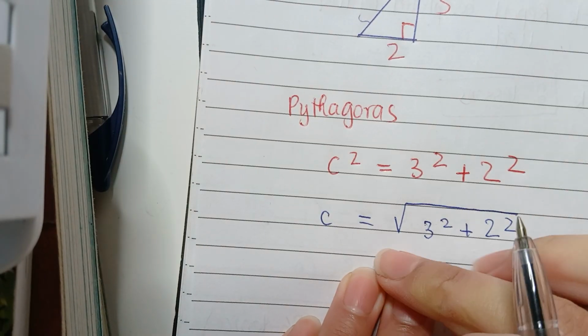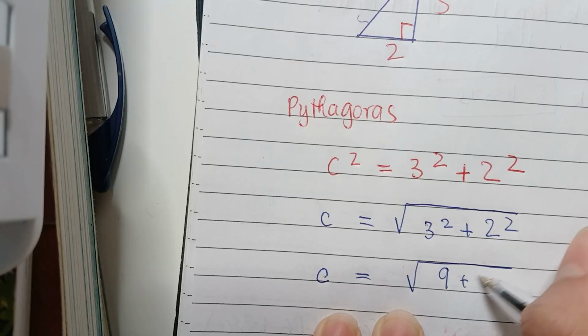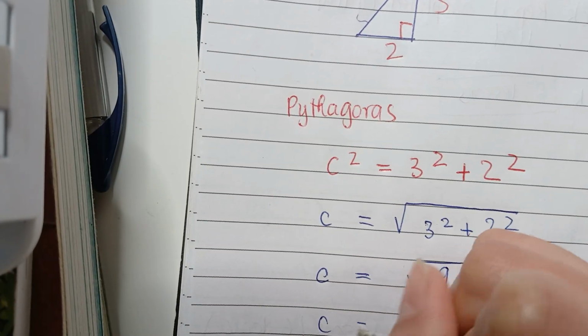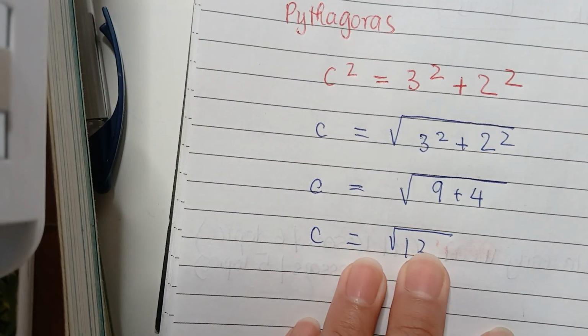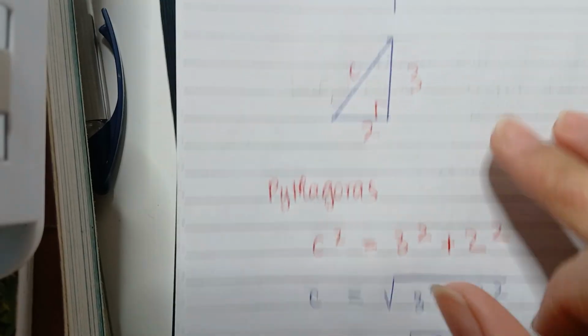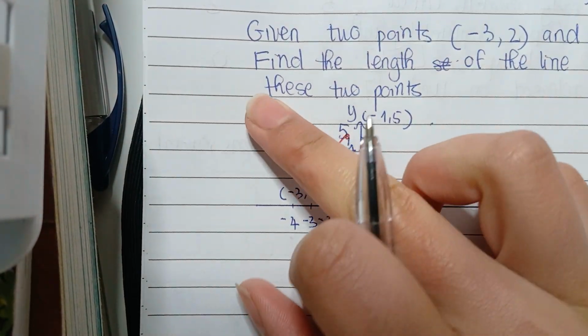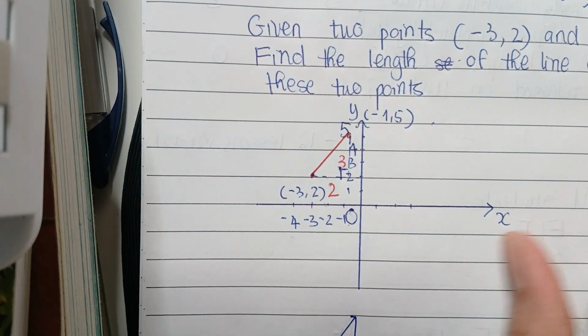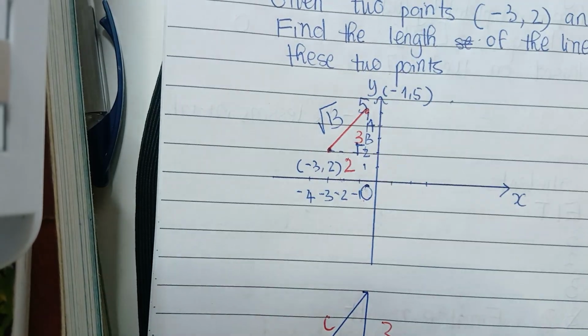Then you can find c, which is 9 plus 4, so c will be equal to square root of 13. So the length of the line connecting these 2 points will be square root of 13.